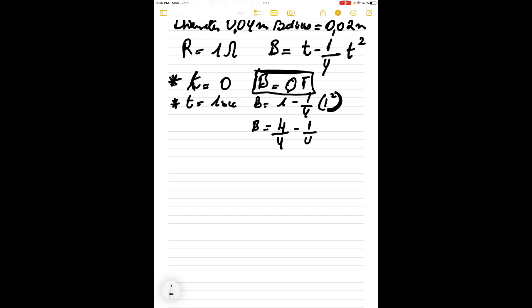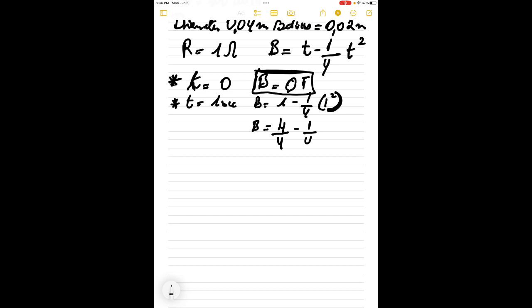So the current is equal to the number of turns multiplied by the area multiplied by the derivative of the magnetic field, we forgot to cancel the diameter, divided by the derivative of time, divided by the resistance. Okay, so now this is the formula we can use for the induced current.